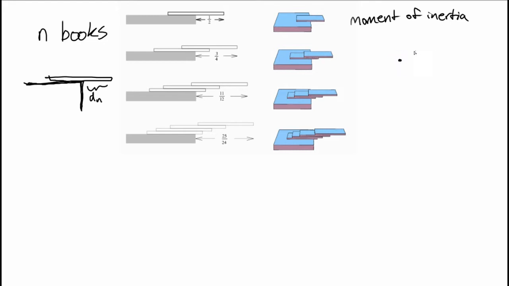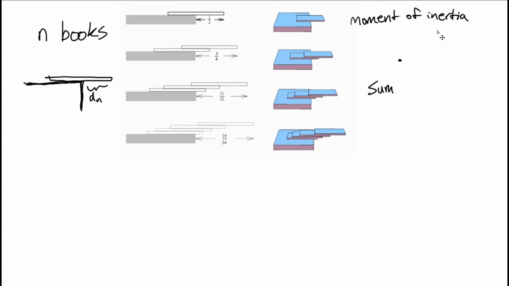In order to find the moment around a certain point, we need to find the sum of the forces times the perpendicular distance of each force from the point.